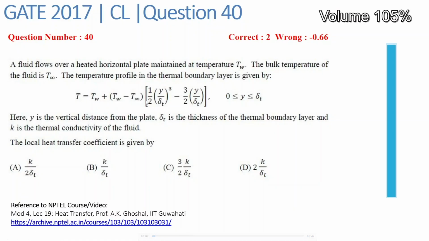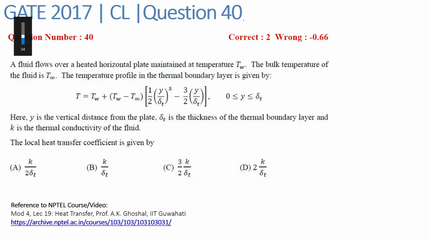Hello everyone. We are looking at question 40 of the GATE 2017 chemical engineering paper from the subject of heat transfer. The question is: a fluid flows over a heated horizontal plate maintained at temperature Tw. The bulk temperature of the fluid is T infinity.